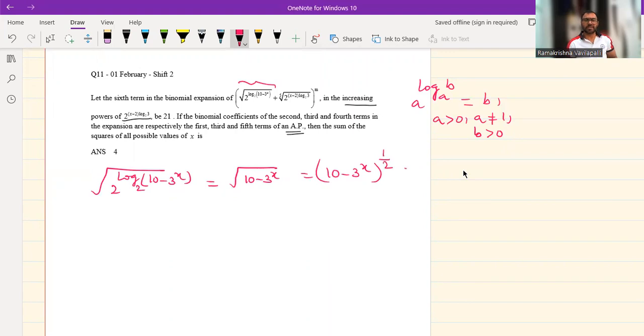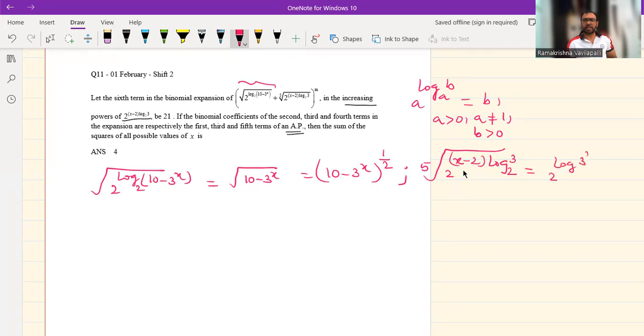What is the second term? Fifth root of 2 to the power of (x - 2) into log of 3 base 2. So this we will write as 2 to the power of log of 3^(x-2) base 2, whole power 1/5, where x minus 2 you write as a power of 3.